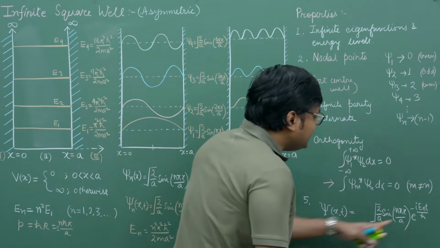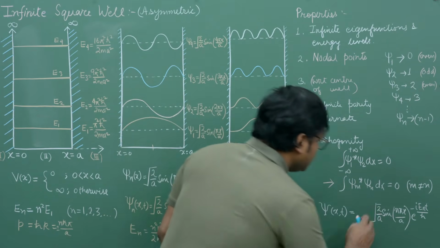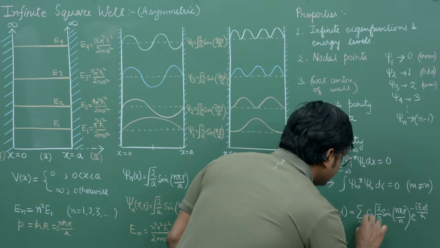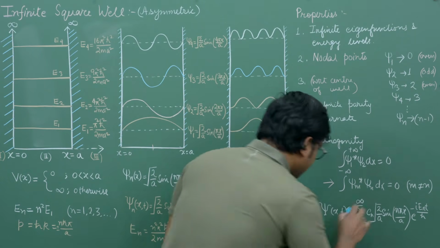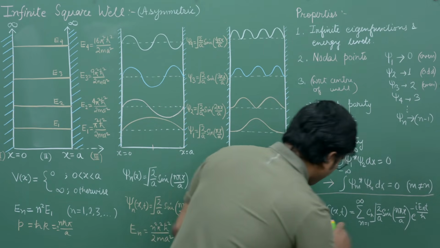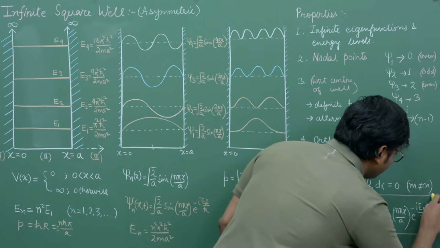And then if I do a linear superposition of all of them with coefficients, let's suppose C_n, with n from 1 to infinity, this gives us the general solution of this particular problem.